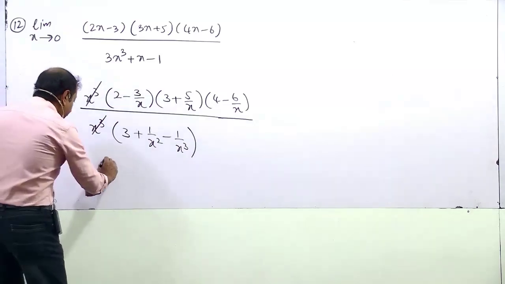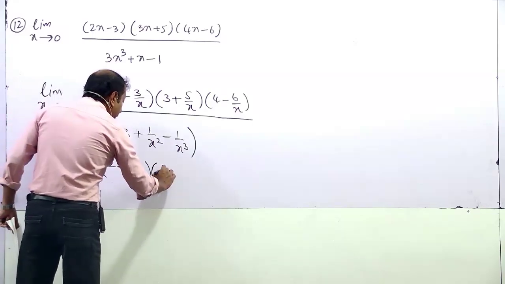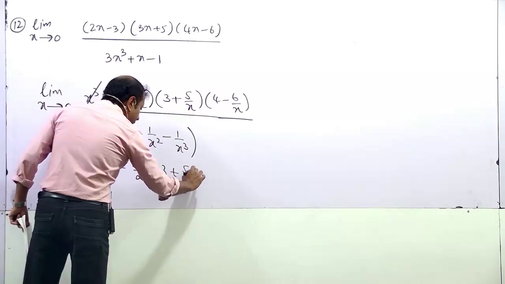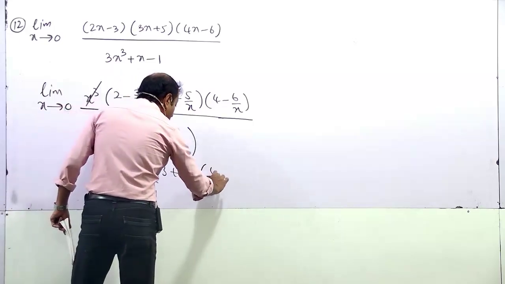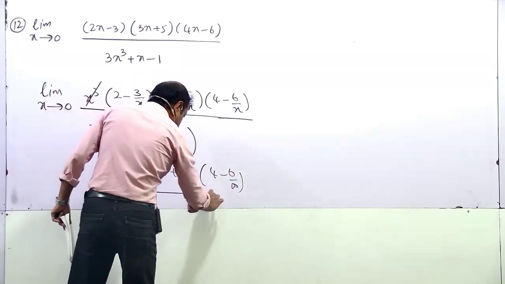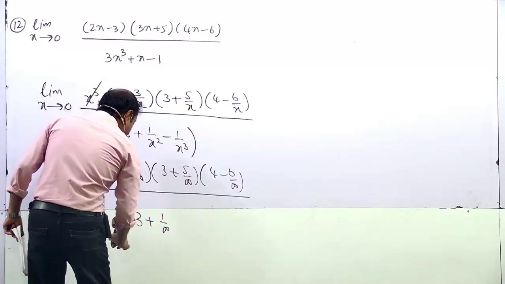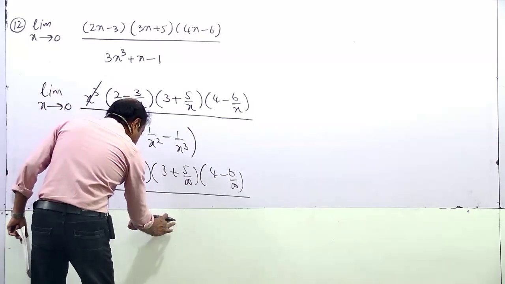Right. 2 minus 3 over infinity, this bracket. 3 plus 5 over infinity, second bracket. 4 minus 6 over infinity, next bracket. 3 plus 1 over infinity squared, and 1 over infinity cube.